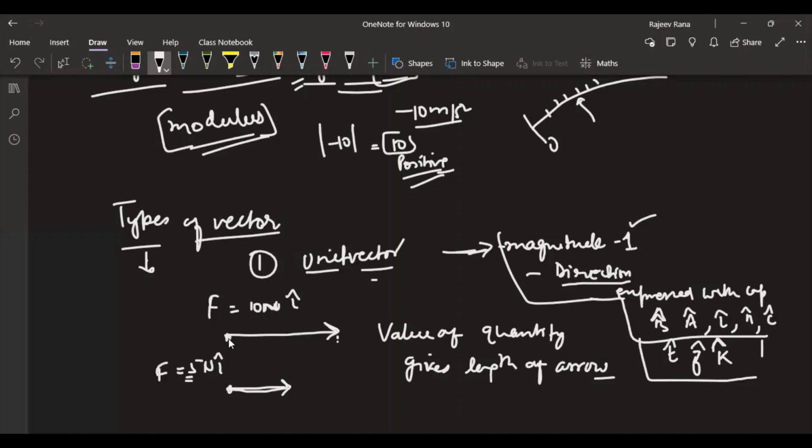How much longer do we have to draw it is on the basis of its value. If the value is more, the longer it will be.